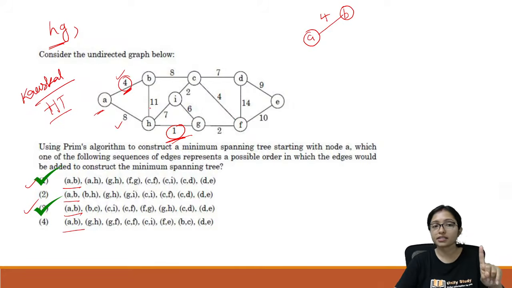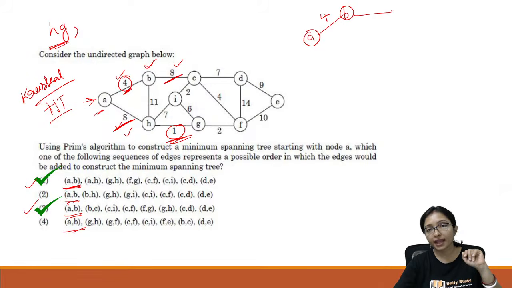Understand very carefully. Here my starting point is given in the option. That's why I cannot start with HG here. Kruskal will always start with HG. So now what will happen? Here AB is 4. Now B is already visited. Now what are available to me? This one is also available, and this one is also available. Both are 8, and this is also 8.